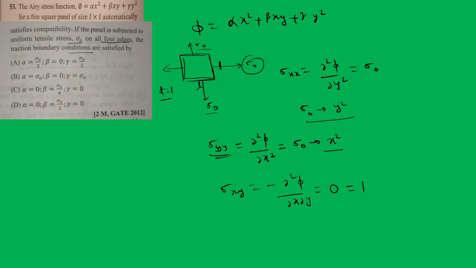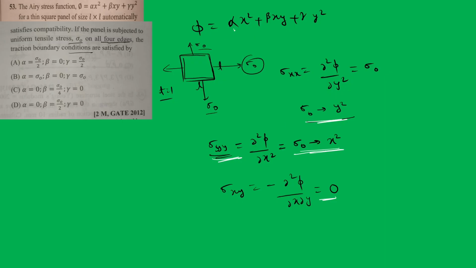Okay, now if you compare this one, you can see sigma yy, sigma naught is the function of x square, and sigma xy is 0, and sigma naught is the function of y square as well.